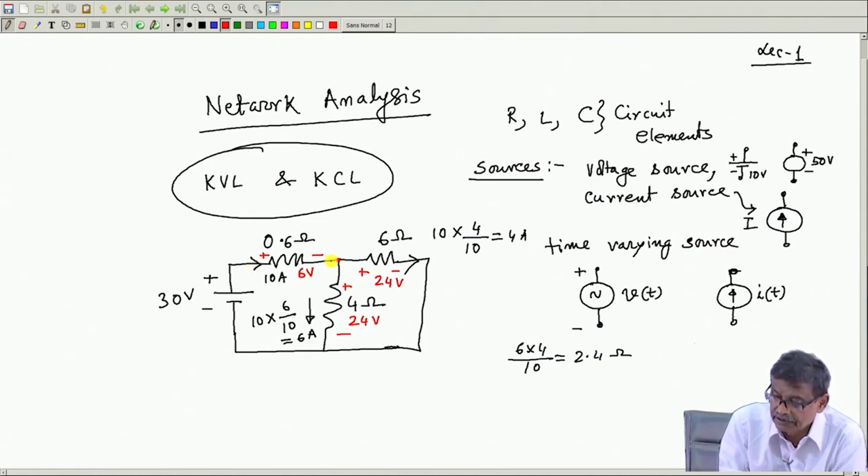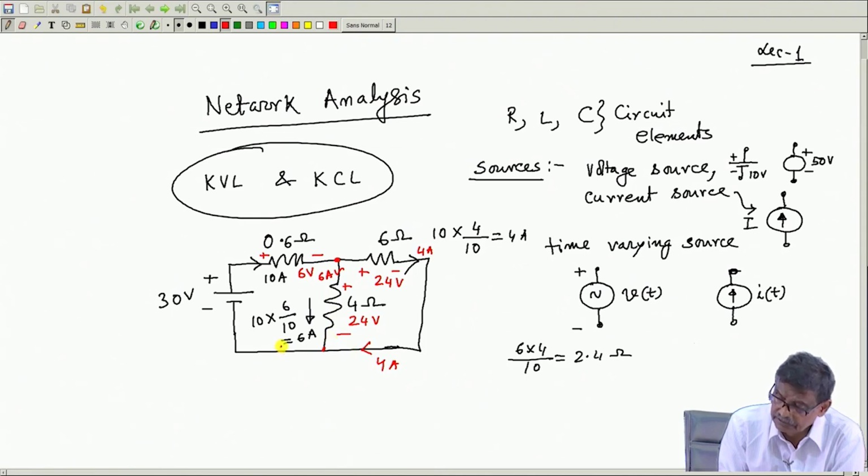This is 10 ampere coming, and 6 ampere is flowing here and 4 ampere is flowing there. So, Kirchhoff's current law is satisfied at this junction. Similarly, at this junction it is 4 ampere there, 6 ampere there.